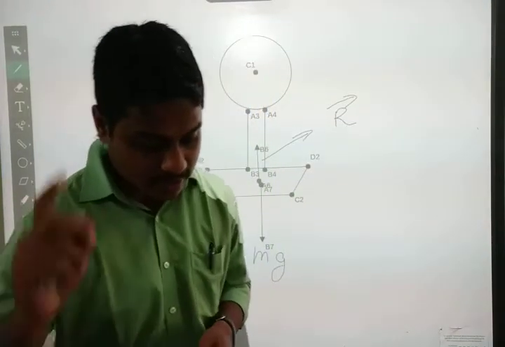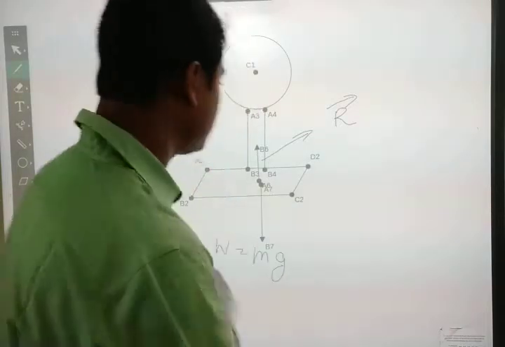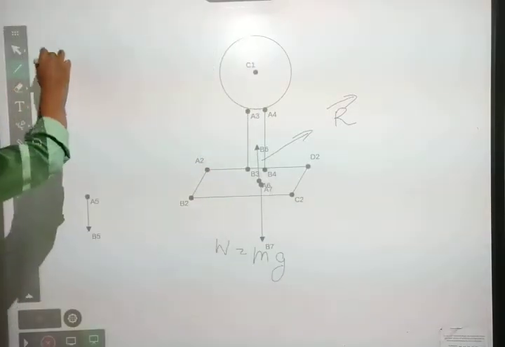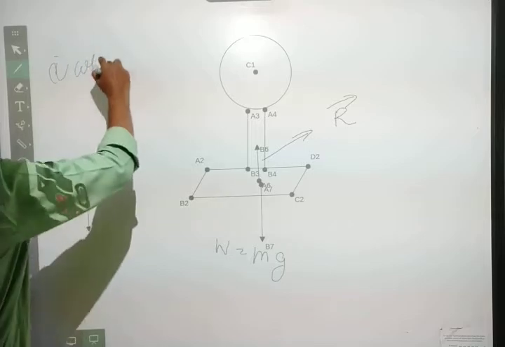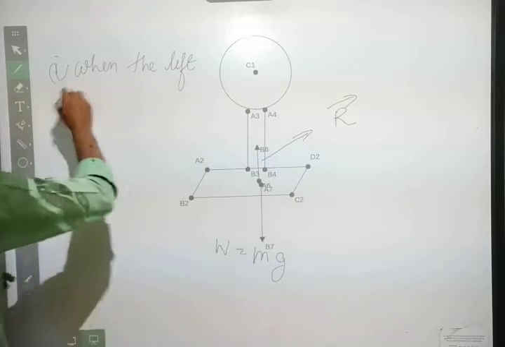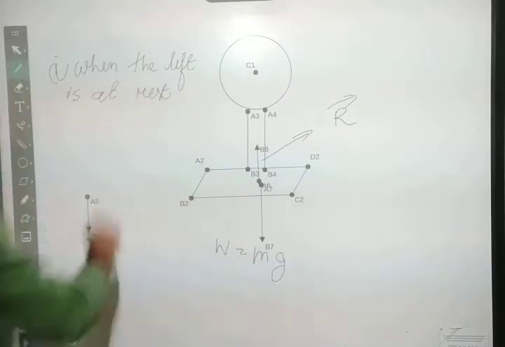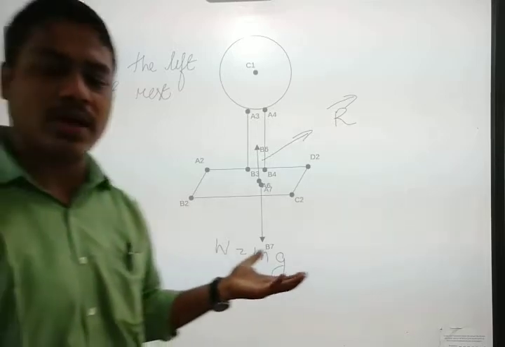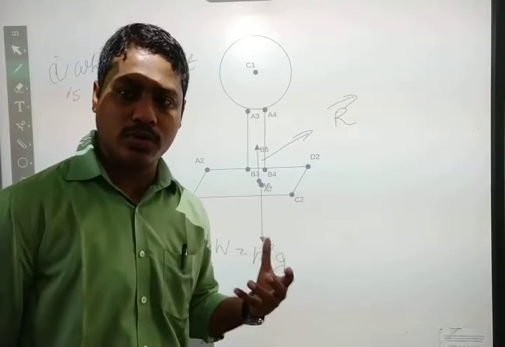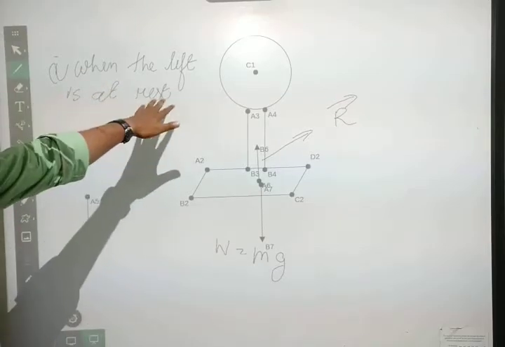So let us discuss the first one, when the lift is at rest or moving with constant velocity. Constant velocity, uniform velocity, we consider that as rest.